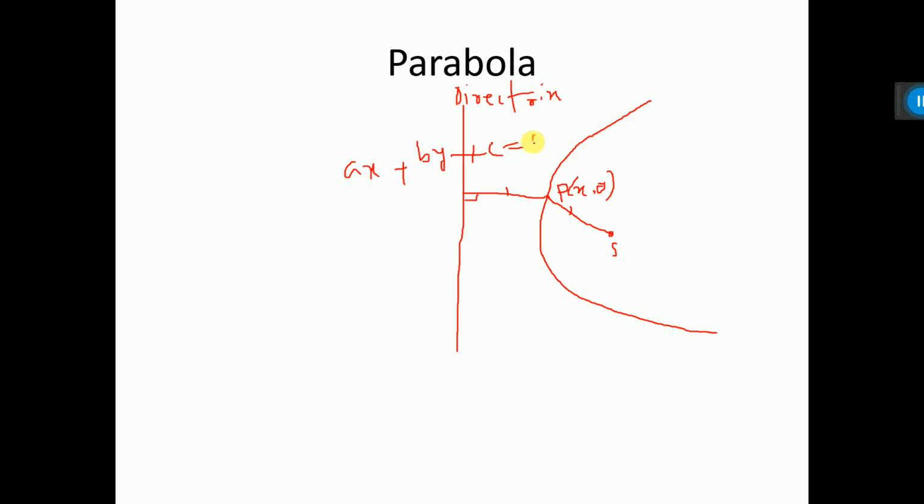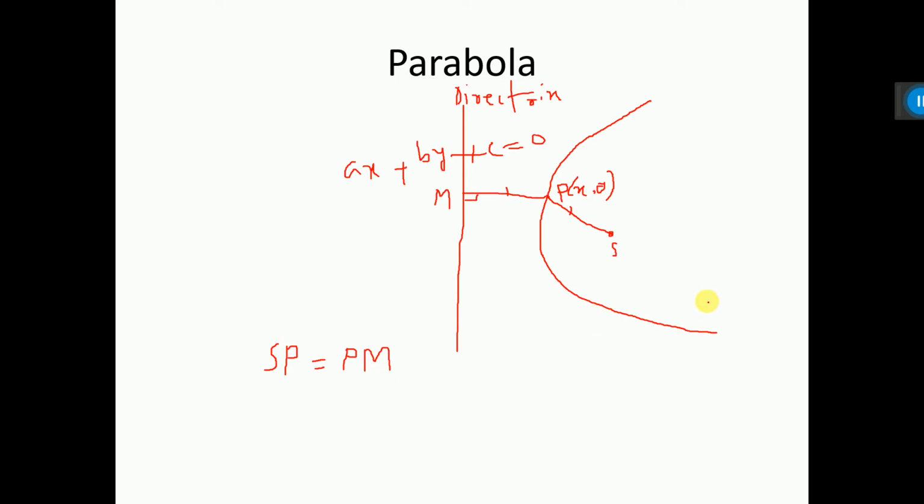This is the equation of the directrix you can consider. From P the perpendicular drawn, let's say it meets at M. Then always SP is equal to PM.